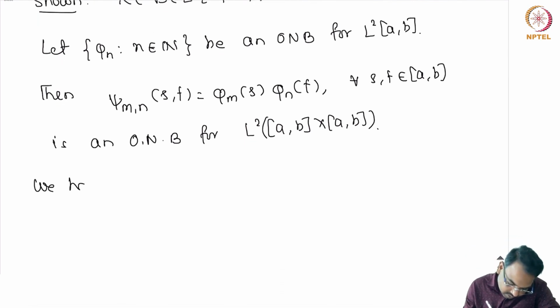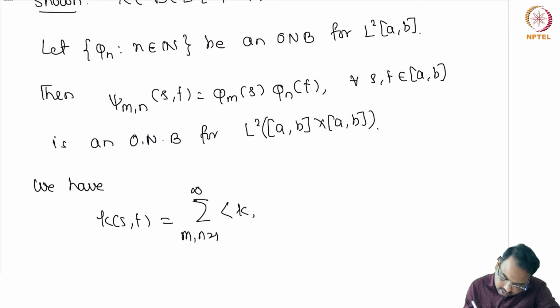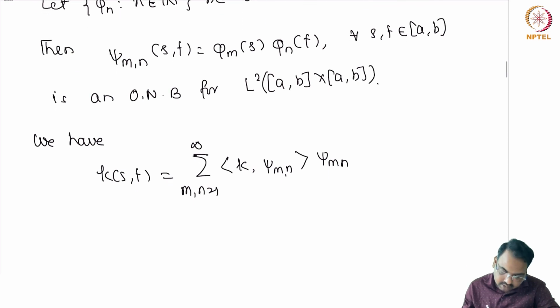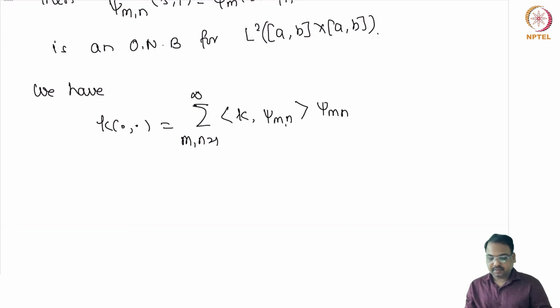So we have k(s,t) is the summation over m,n going to infinity of the inner product of k with psi_mn, multiplied by psi_mn. This is the representation for k.